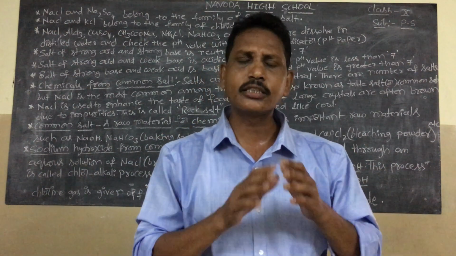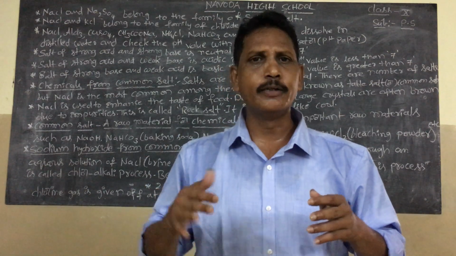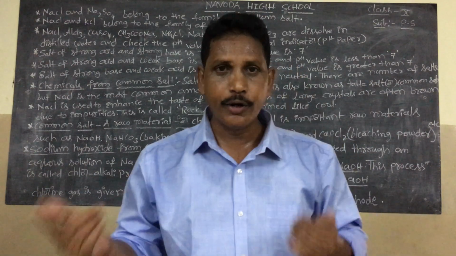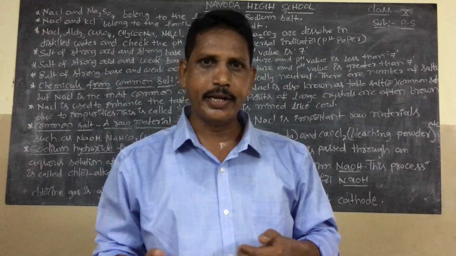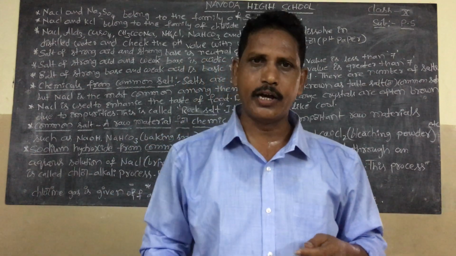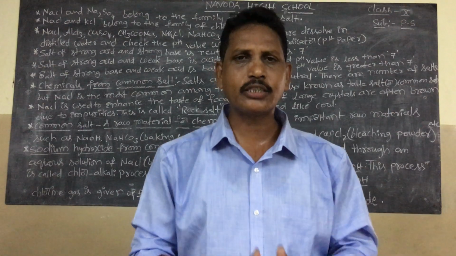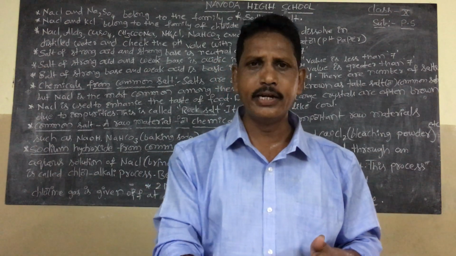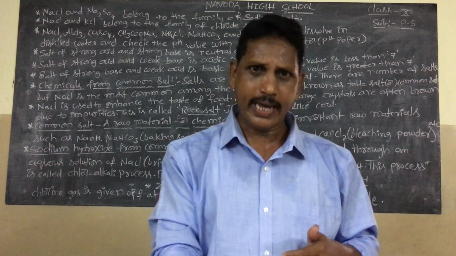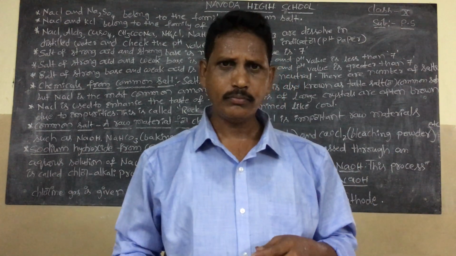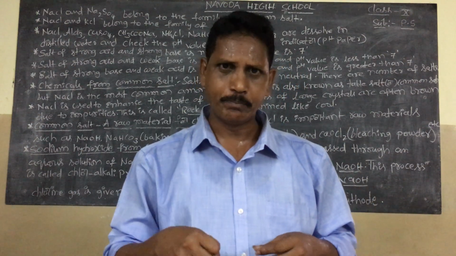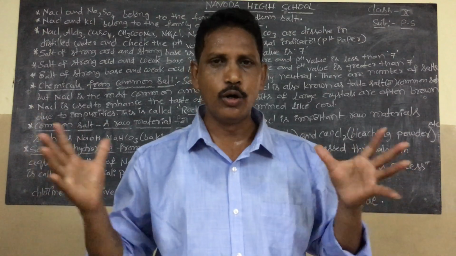In the earth's crust, salts are mixed with impurities and turn brown. This brown colored salt is called rock salt. This rock salt is mined from the earth like coal.